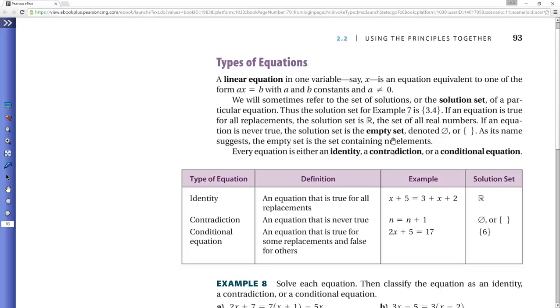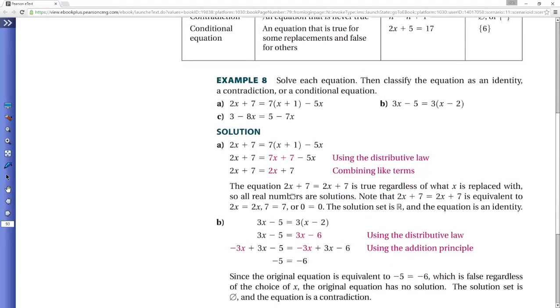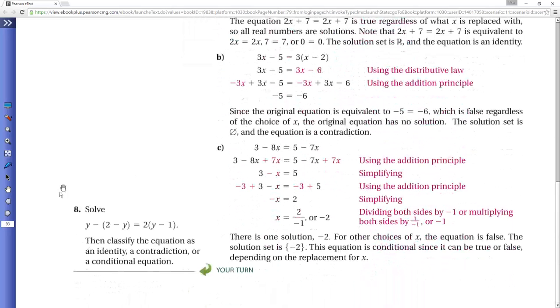This language of algebra is trying to be very exact and very necessary for translation from English. So they talk about solution sets, empty sets, identities, contradictions, and conditional equations. And that's defined here. That's something to check out, definitely.